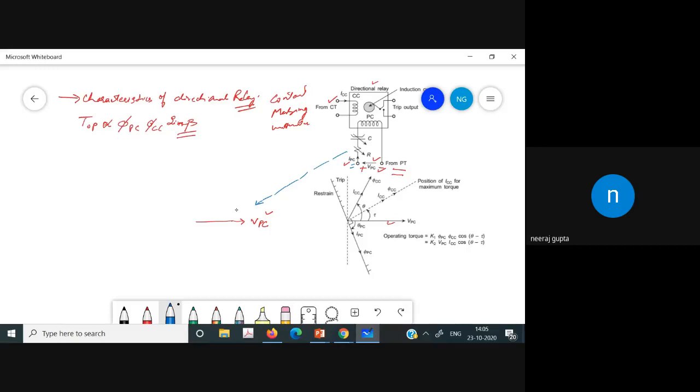Since it is an inductive circuit, the current lags the voltage by some angle, but not by an angle of 90 degrees, because in a purely inductive circuit the angle is 90 degrees. However, it will lag VPC by an angle of, let us suppose, 70 or 80 degrees.